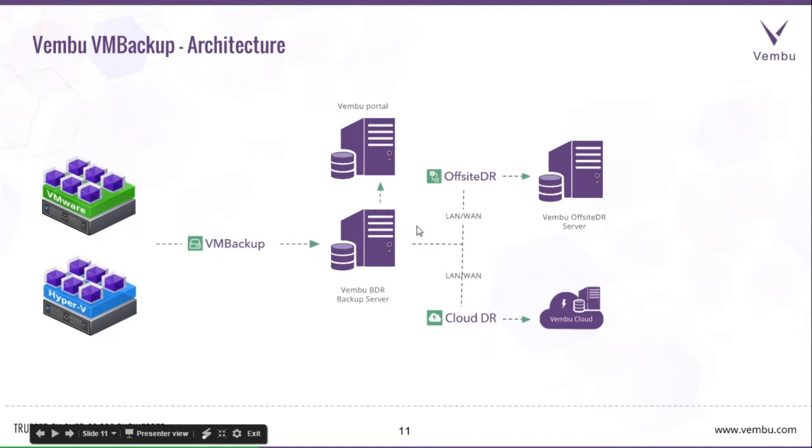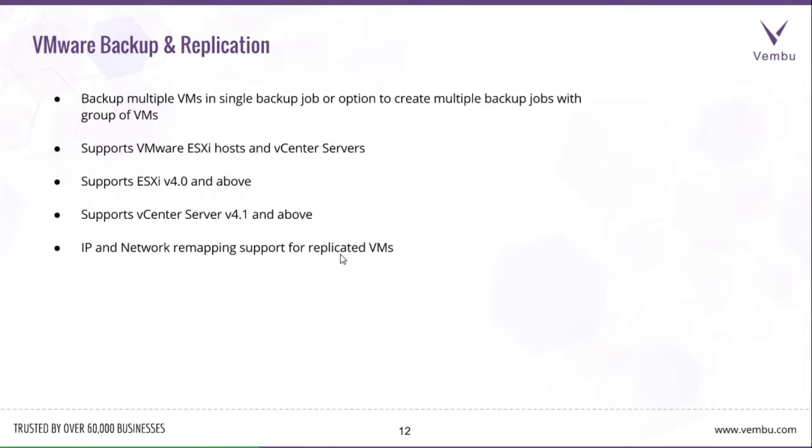At every interval, the BDR server will be connecting to your Vembu portal, and it will be fetching the license information to keep the clients active and the backups active.